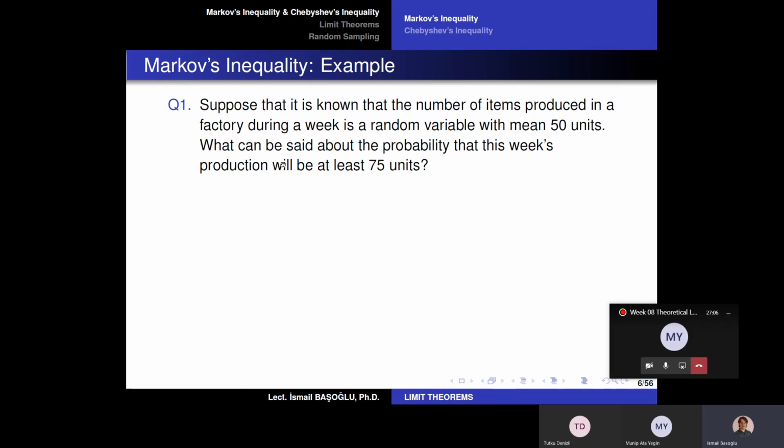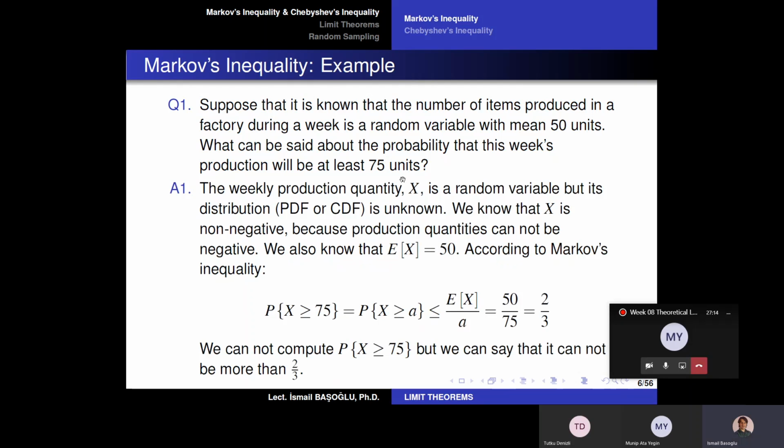But the question is asking me this: what can be said about the probability that this week's production will be at least 75 units? So basically, the question does not provide me any probability density function or cumulative distribution function, or if the production quantities are given in discrete units, then it does not provide me any probability mass function. These are unknown.